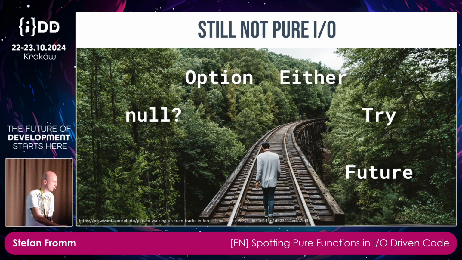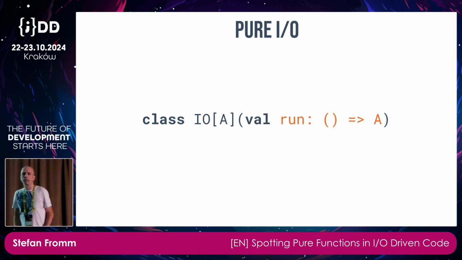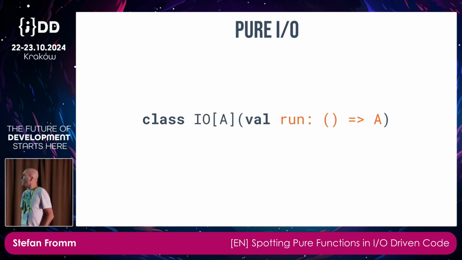For doing pure IO, you need another tool, and it's this. It's a simple class. I called it IO. It has a generic type parameter A, and it has a public constructor, a field which I called run, and this field has a reference to a function which produces me a value of type A.